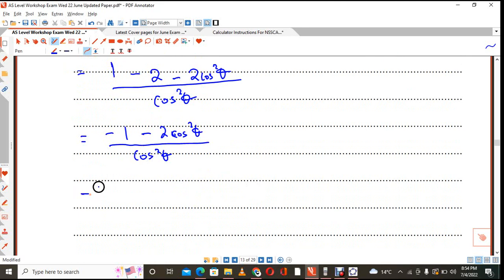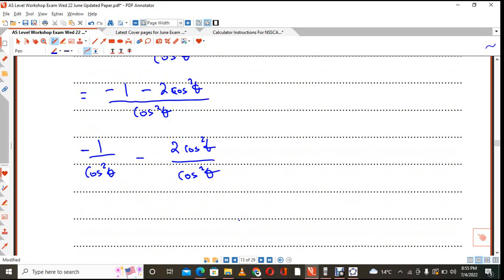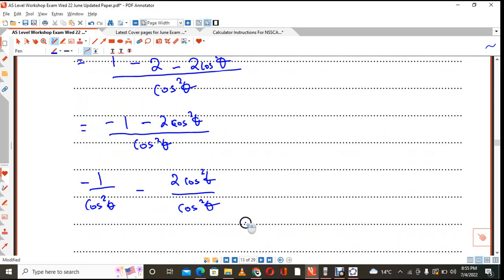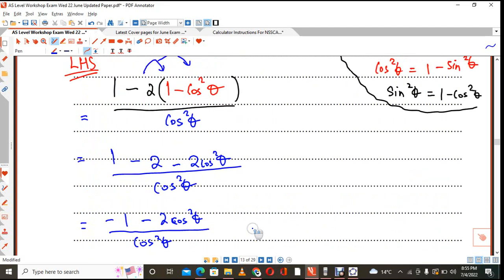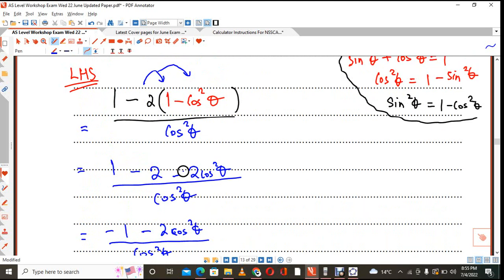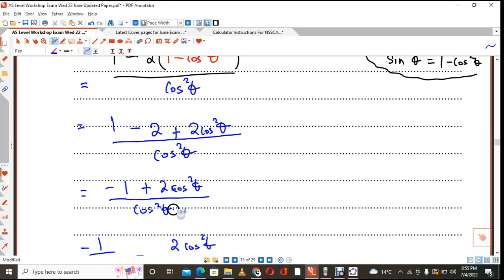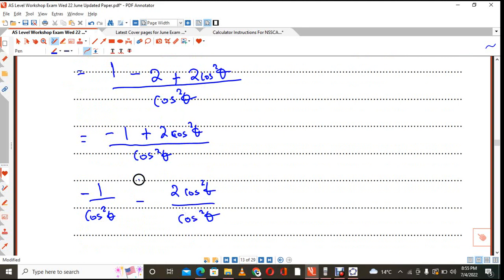So it's the same as minus 1 over cos square theta minus 2 cos square theta over cos square theta. I hope you follow. I just want to make sure a little bit of my multiplication here. That's supposed to be a positive. Negative 2 times a negative is a positive. Goodness gracious, that would have been something else. Okay, so this makes this a positive.